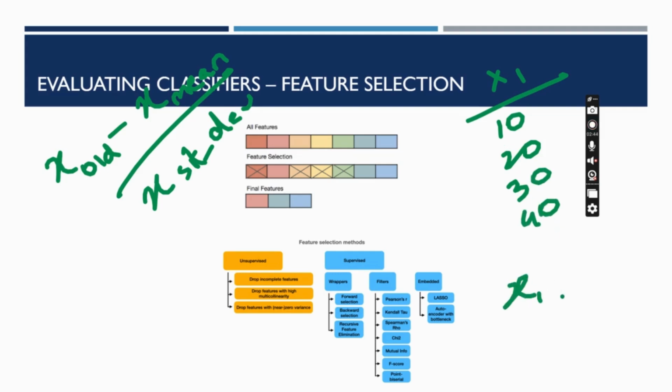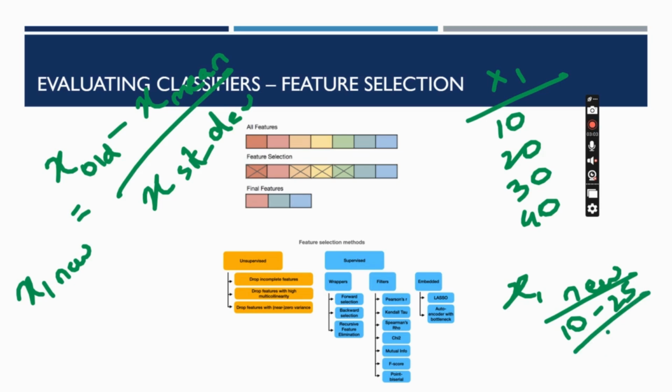For x1 new, this will be subtracted by the mean and divided by the standard deviation. The mean of this is 25, so 10 minus 25, and the standard deviation is, let us say, 15. So 10 minus 25 divided by 15, and this will be done for all the other values also.